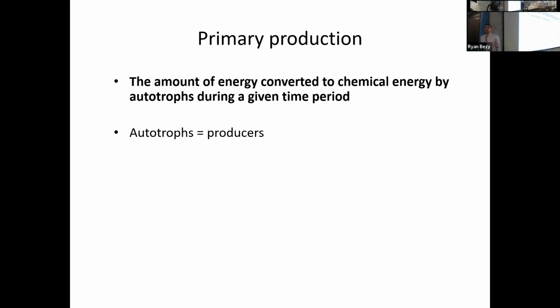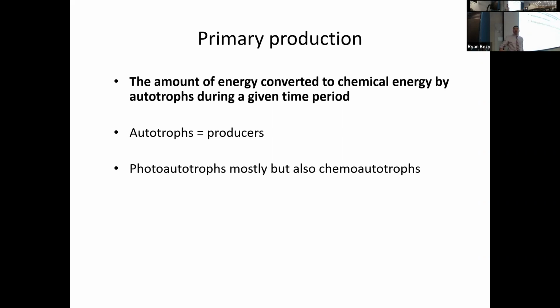Autotrophs are the producers, whether photoautotrophs or chemoautotrophs. In most ecosystems the main producers are the photoautotrophs. But there are certain environments, like the dark bottom parts of the ocean or deep in soil, where the main producers are chemoautotrophs.